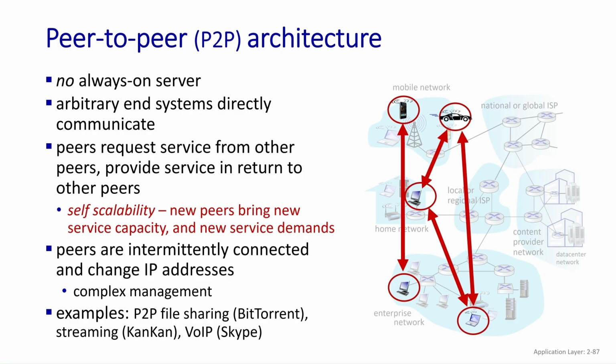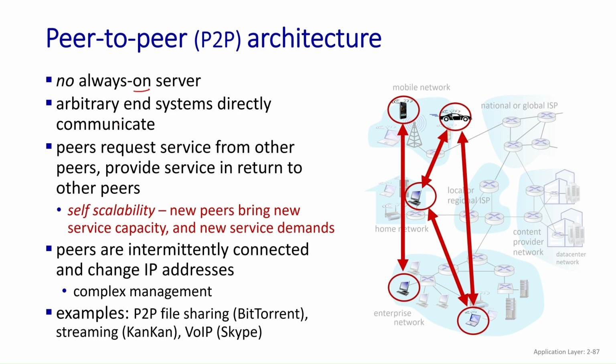There is another architectural possibility for network applications, and this is the peer-to-peer architecture. In peer-to-peer architecture, there is no requirement for a server that is always on. This means that arbitrary machines can directly communicate with each other.